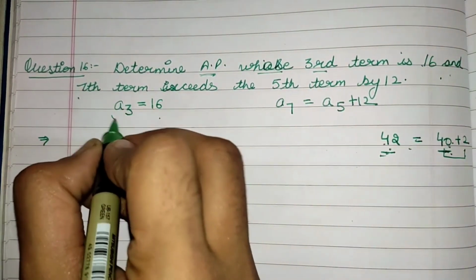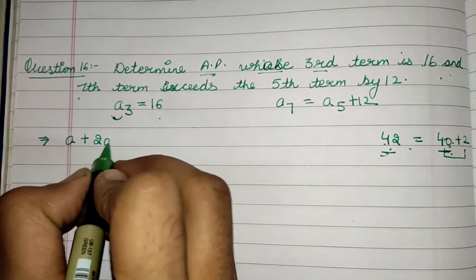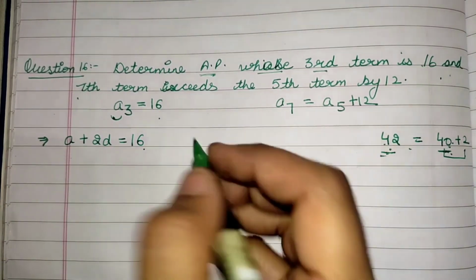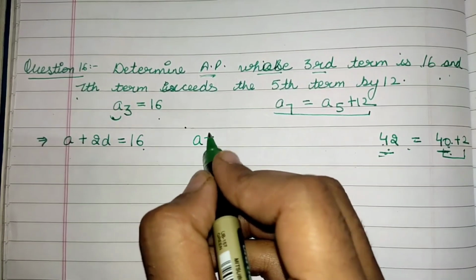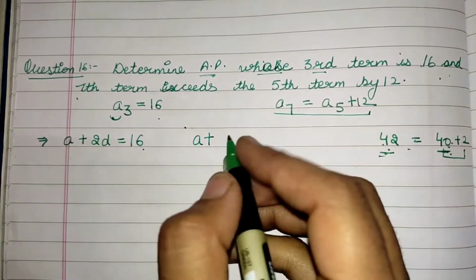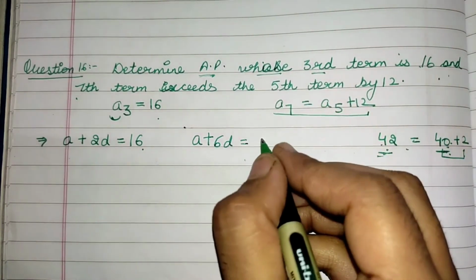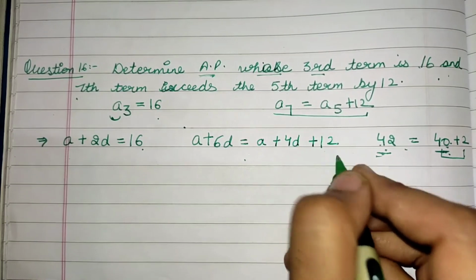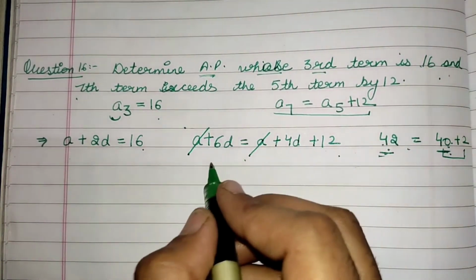So by using the general formula of AP, a3 is a plus 2d, which is equal to 16. Now, for the other condition, a7 is equal to a plus 6d, and a5 is a plus 4d, plus 12, right? a and a will get cancelled out.